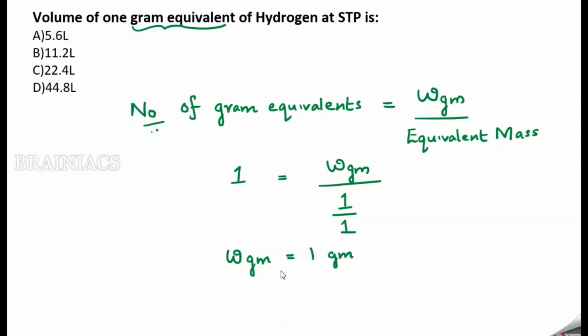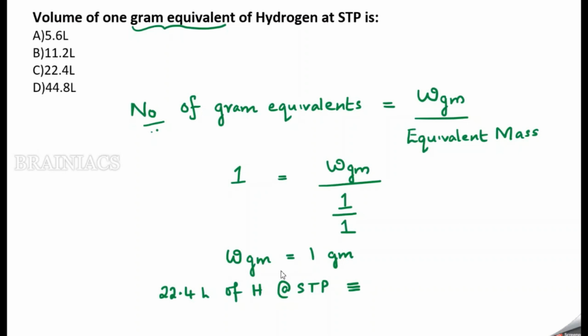Now what they are asking you, they are asking you the volume at STP. So I know the weight in gram is equal to 1 gram. Now corresponding to this 1 gram I need to know what is the volume at STP. But we know the standard relationship: 22.4 liters of hydrogen at STP will have a mass equal to molecular mass expressed in gram, correct?